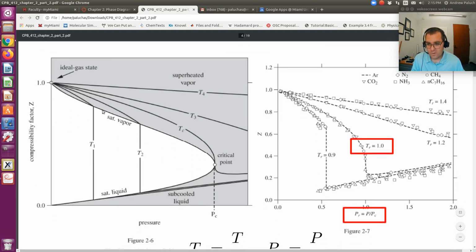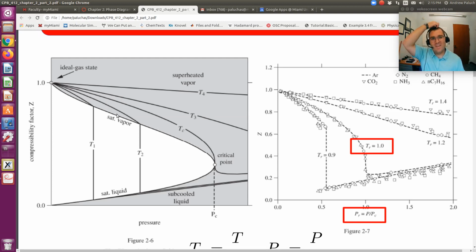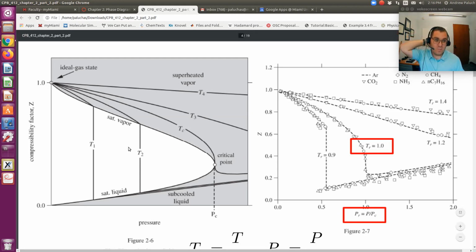It'll be reasonable over these narrow ranges of pressure to assume that the Virial equation would be applicable. Here is Z versus P, and I'm assuming I'm drawing a tangent about my ideal gas limit.